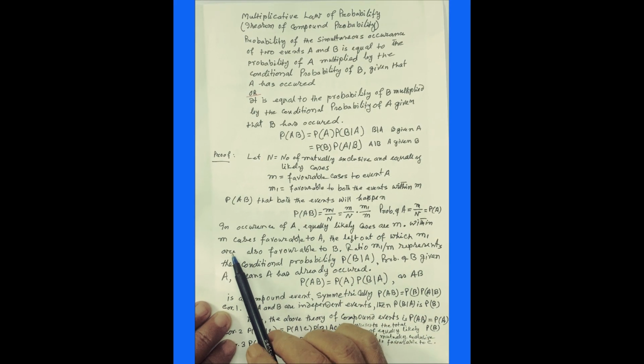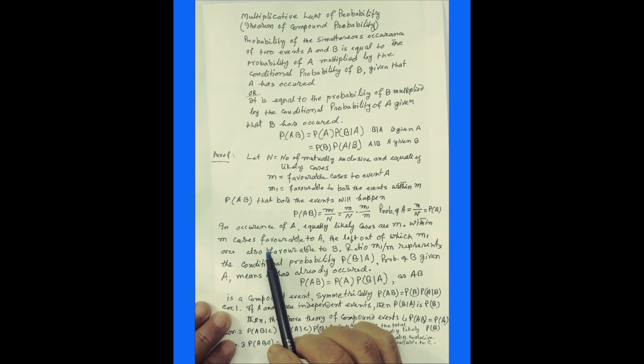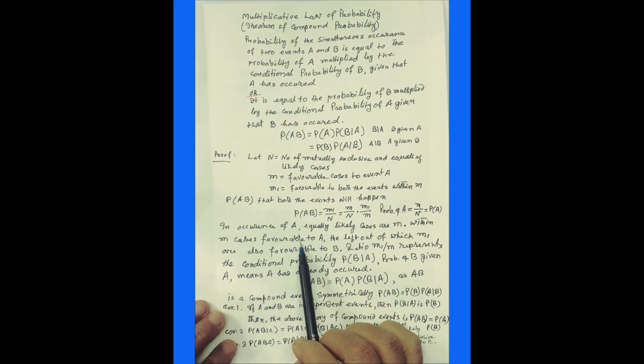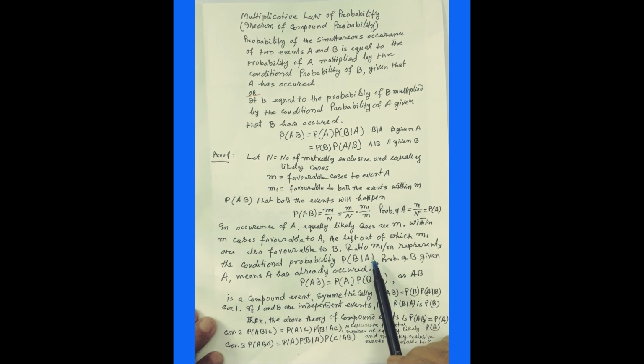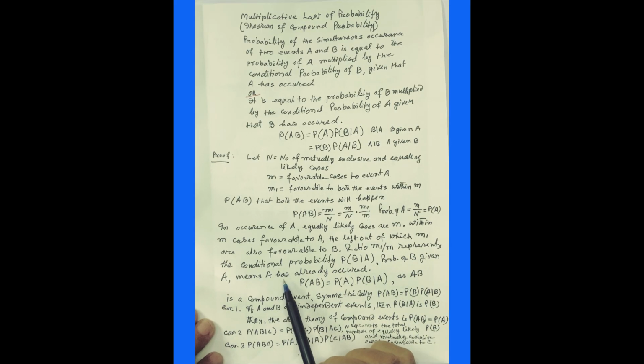Within the m cases favorable to A, m1 are also favorable to B. So the ratio m1/m represents the conditional probability P(B given A), meaning A has already occurred.